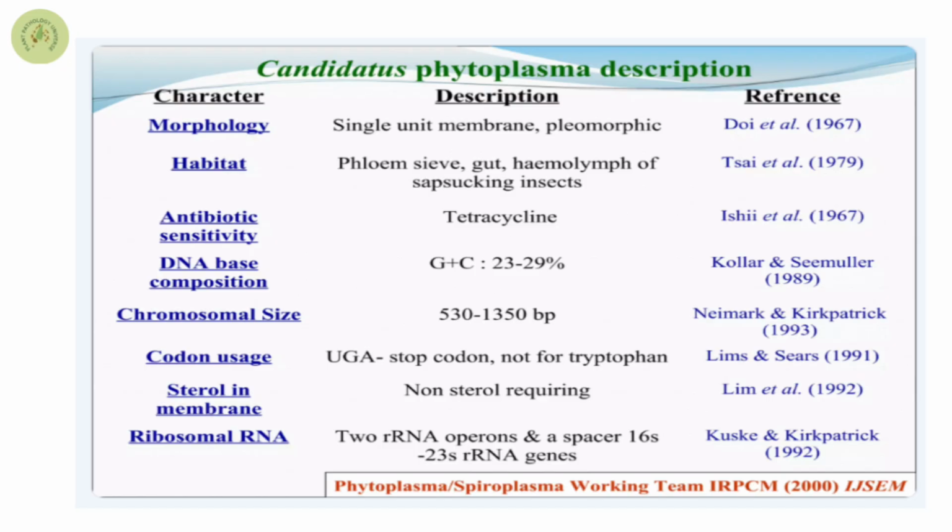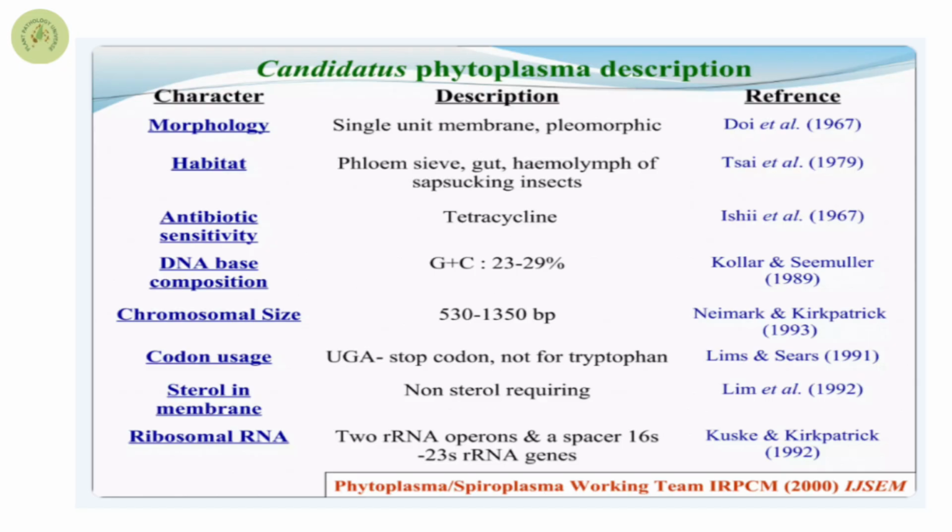However, tetracycline will act on the ribosomes. But in case of phytoplasmas and spiroplasmas, since they have ribosomes and other organelles but do not have the cell wall, they are resistant to penicillin but sensitive to tetracycline.